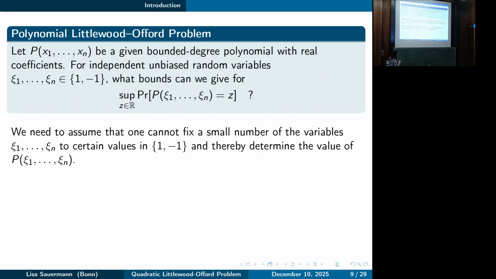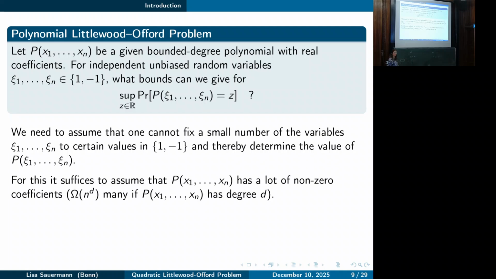Okay, so that's a little bit of a complicated assumption if you just want to think about the structure of the polynomial. It's a natural assumption for this problem. But if we want to think about assumptions which talk most directly about the structure of the polynomial, we can get certain sufficient conditions which imply this. For example, it suffices to assume that this polynomial has a lot of non-zero coefficients, meaning linearly many.